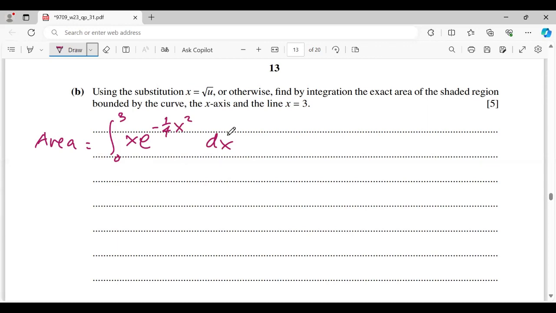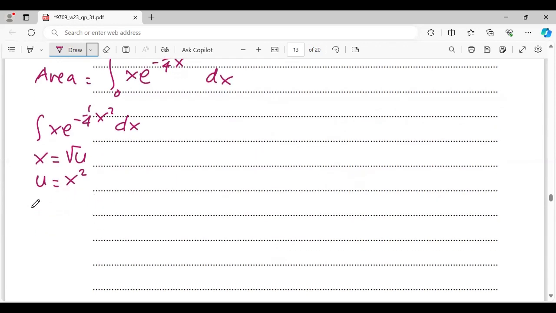But I'm going to find the indefinite integral first. Integral x e power minus a quarter x squared dx. So if x equals square root u, it means u equals x squared, and du equals 2x dx, or half du equals x dx.